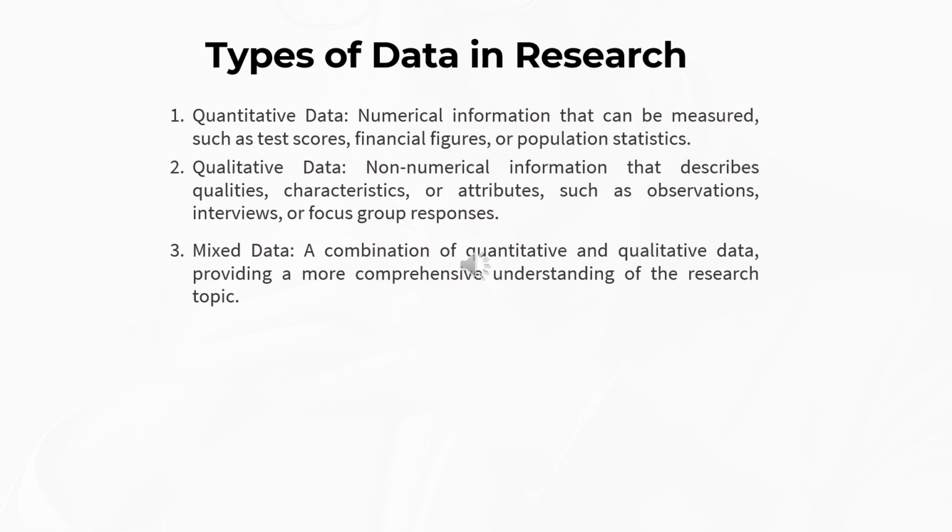Think of it as the hard numbers, the test scores, the financial figures, the population statistics that provide concrete, quantifiable data points. Quantitative data allows us to conduct statistical analysis, identify the trends, and make numerical comparisons.